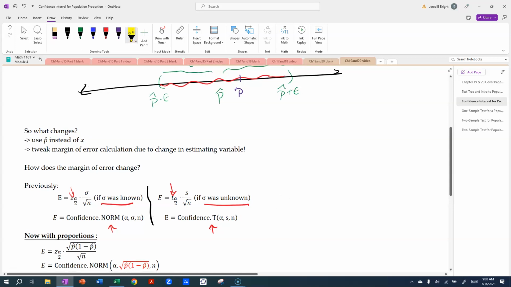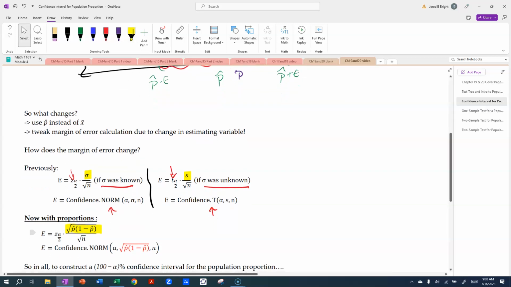You'll notice that the z alpha over 2 is still the same. Sigma now changes to the square root of p hat times 1 minus p hat. A little bit more computation intense, but it's not bad. And otherwise, everything else remains the same.